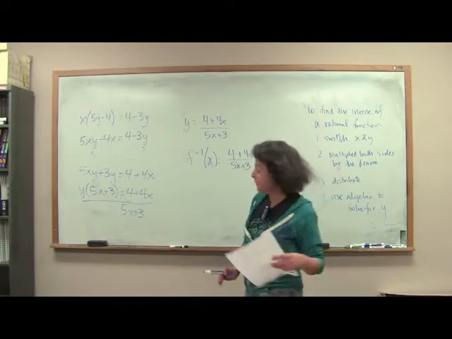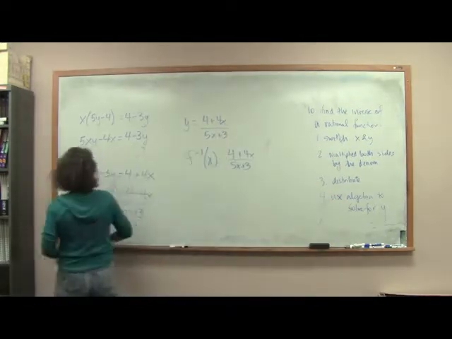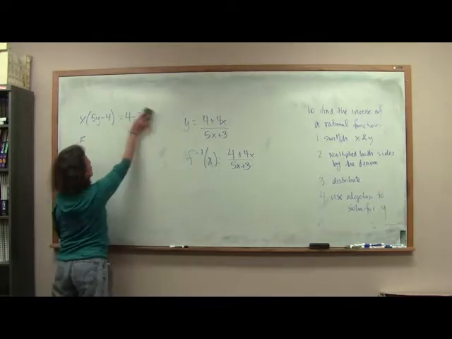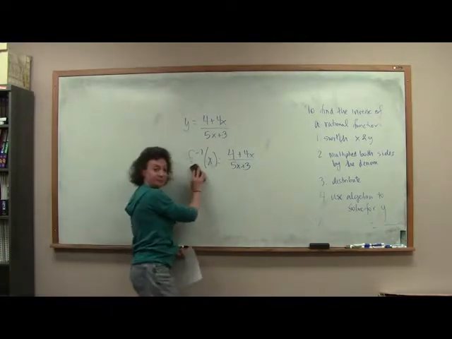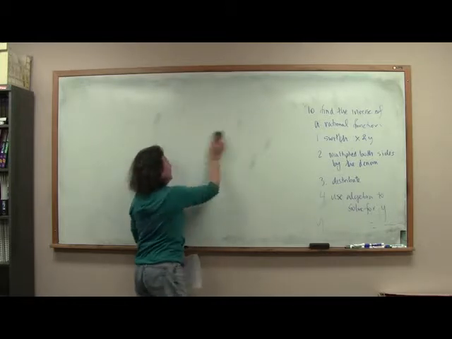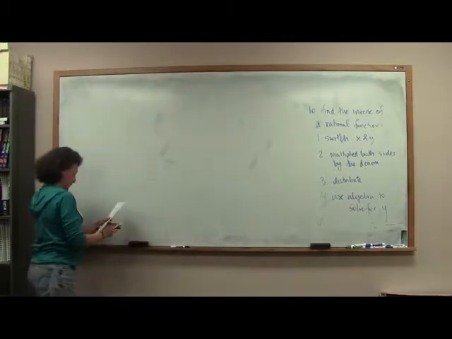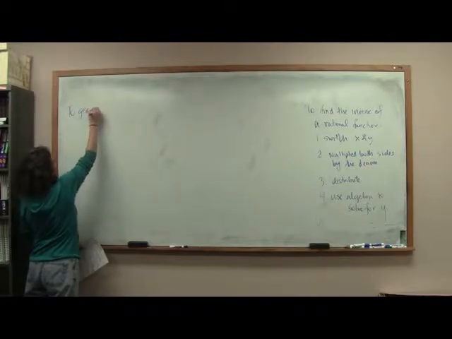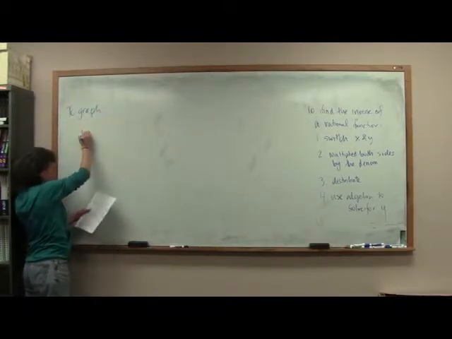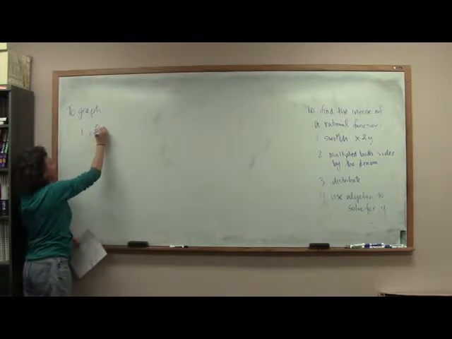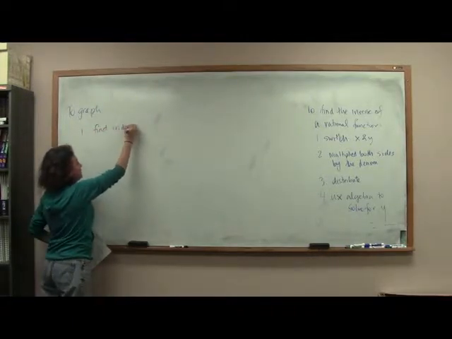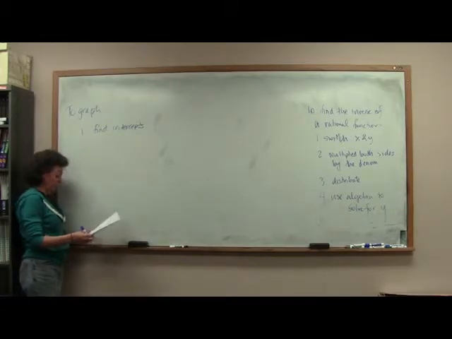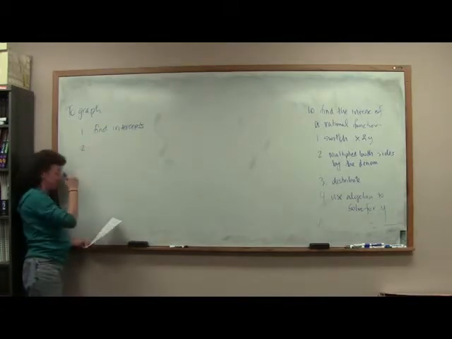So what I would like to do now is outline the steps that we're going to use in order to graph our rational functions. And then we're going to play. So in general, to graph rational functions, step 1, find your intercepts, both your x and your y intercepts, if they exist.